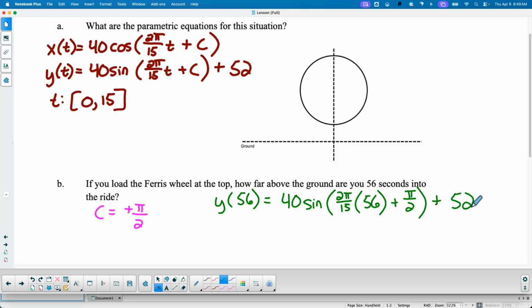I don't even need to graph it. I can just use the parametric equation and plug 56 into my y of t and make sure that c is positive pi over 2.